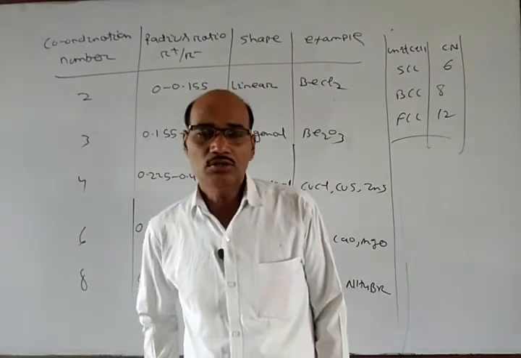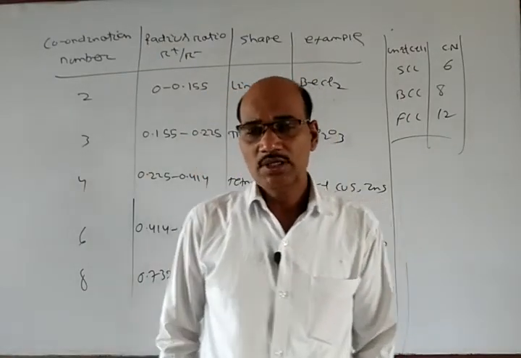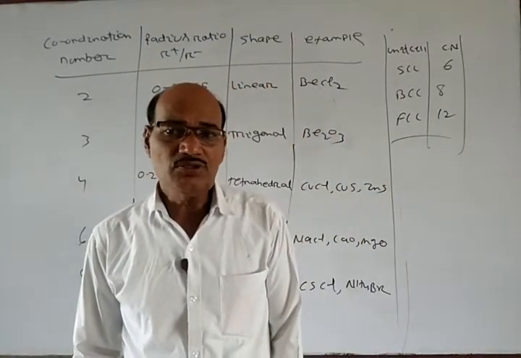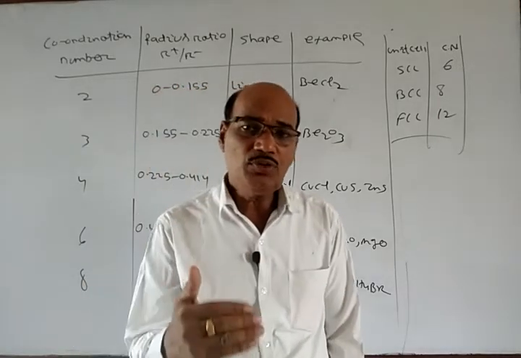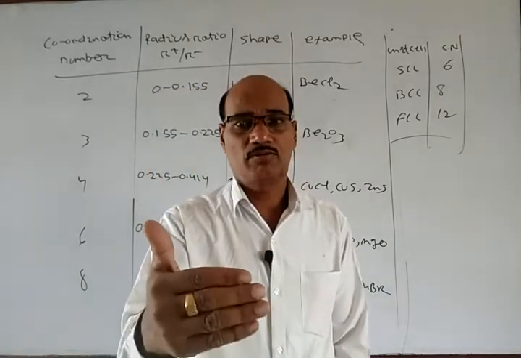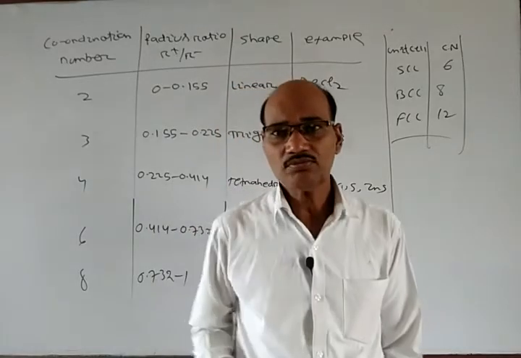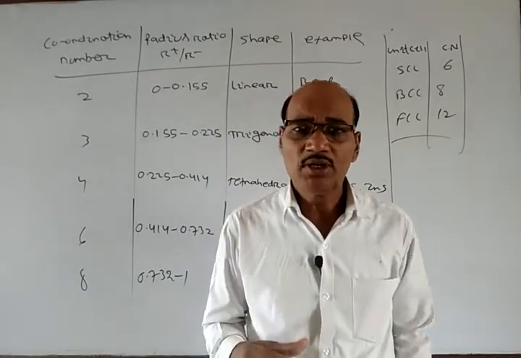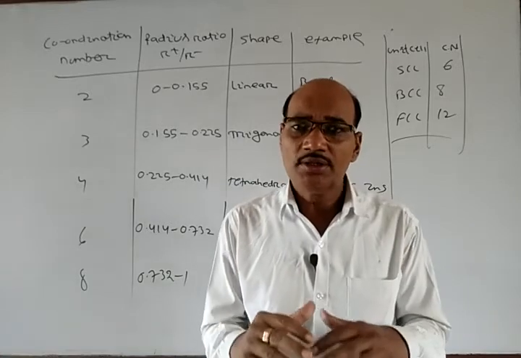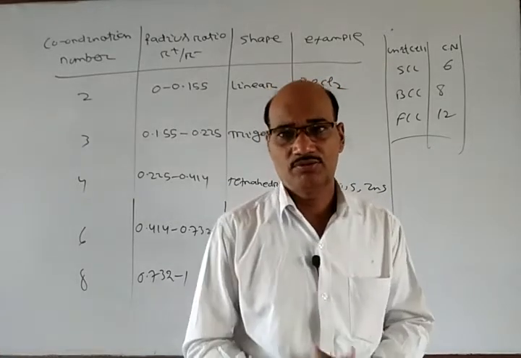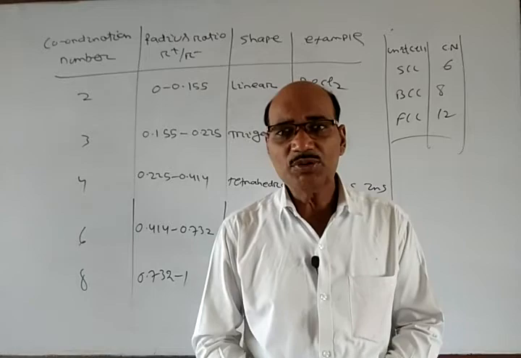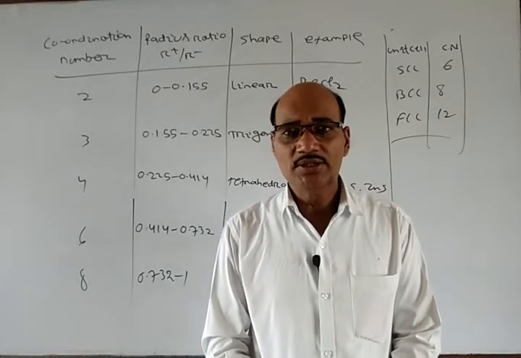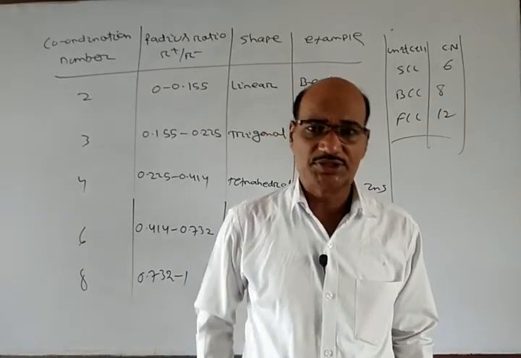So next is your coordination number. See, coordination number is the number of neighboring atoms. Coordination number of a particular atom is how many other neighbors surround it. In case of simple cubic unit cell, the coordination number is 6.